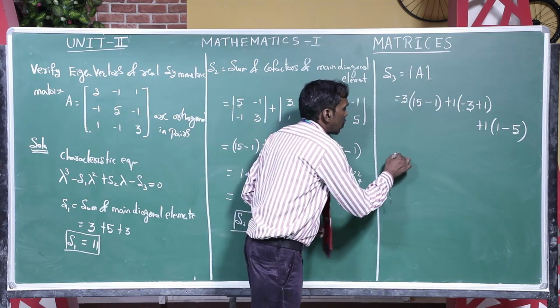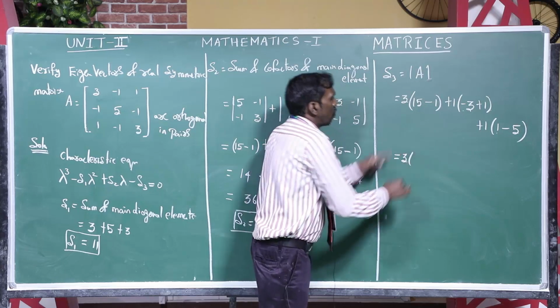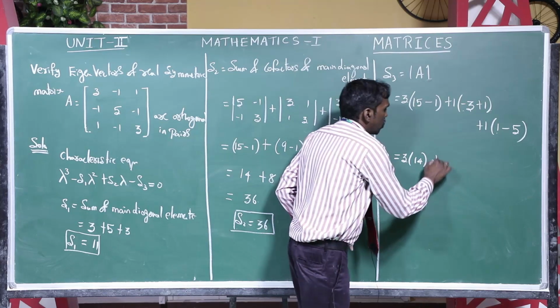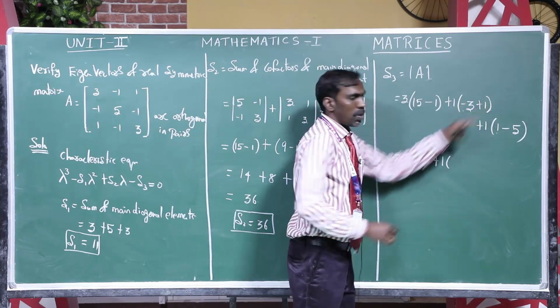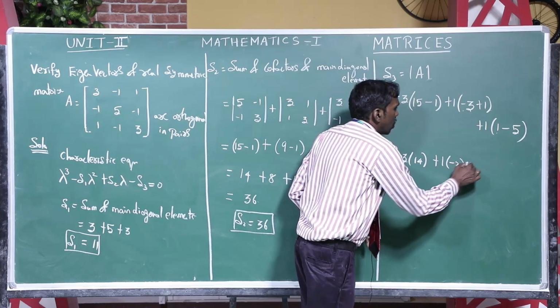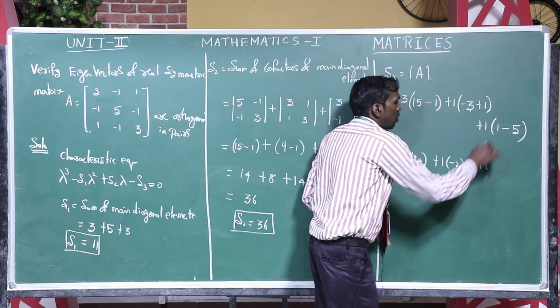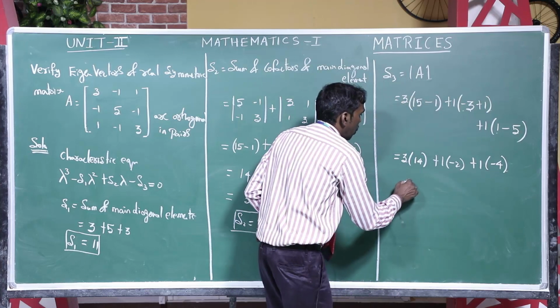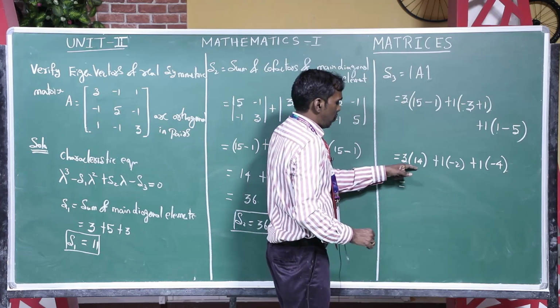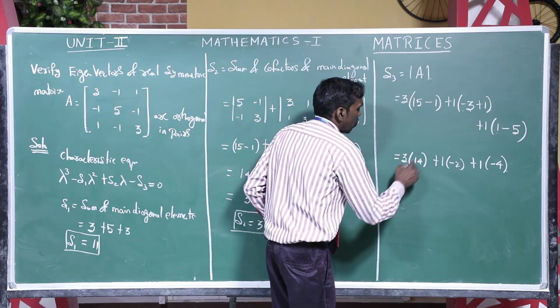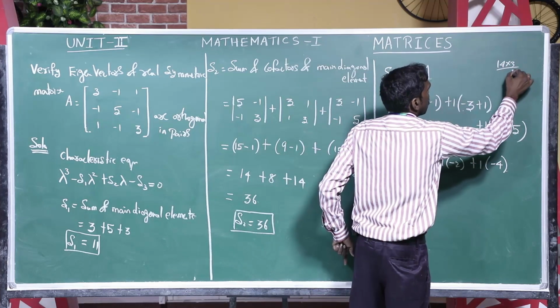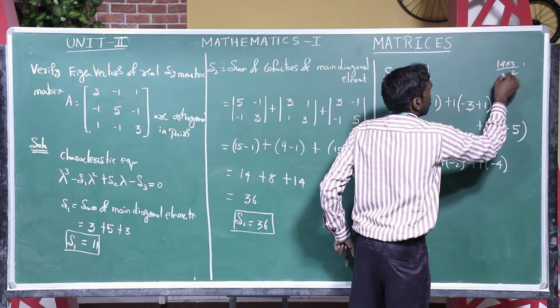Now we simplify. 3 times 14, where 15 minus 1 is 14; plus 1 times minus 2; plus 1 times minus 4. 14 threes are 42.